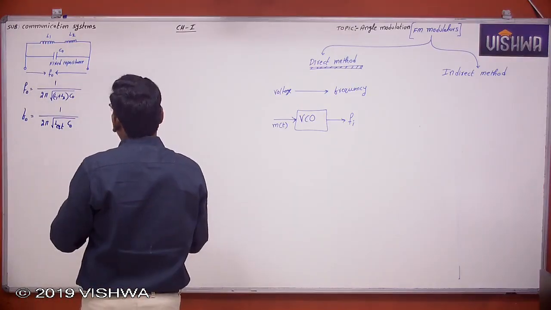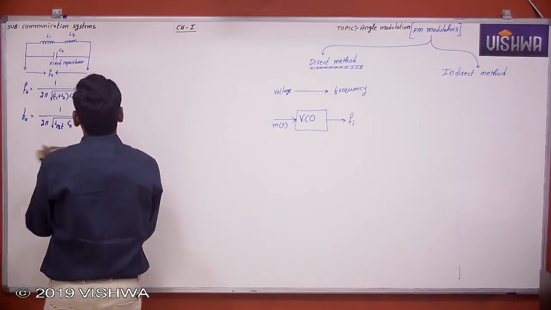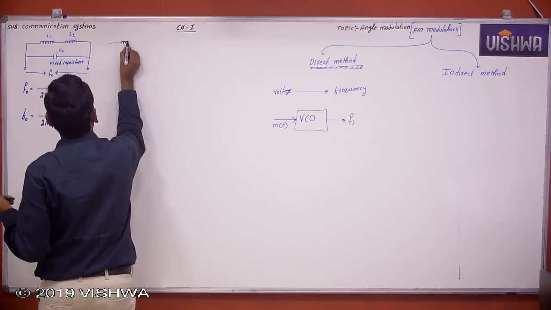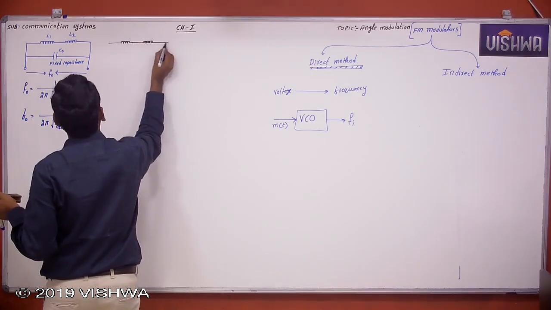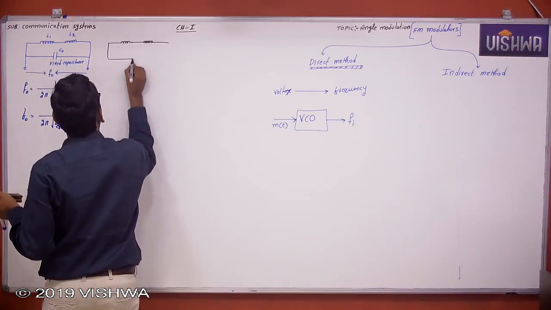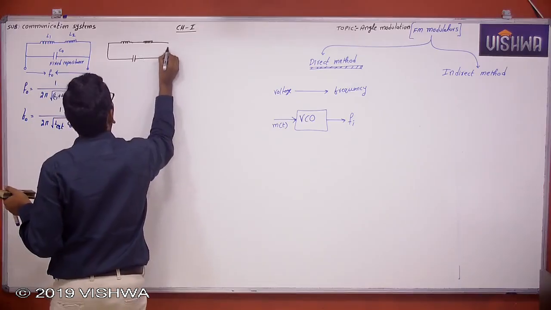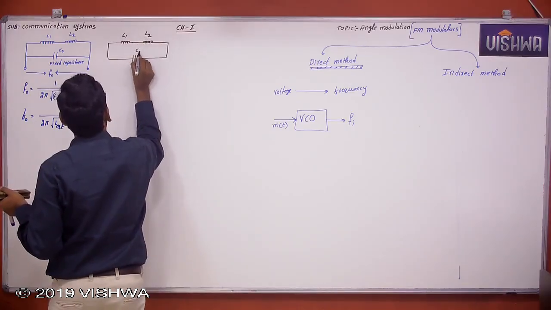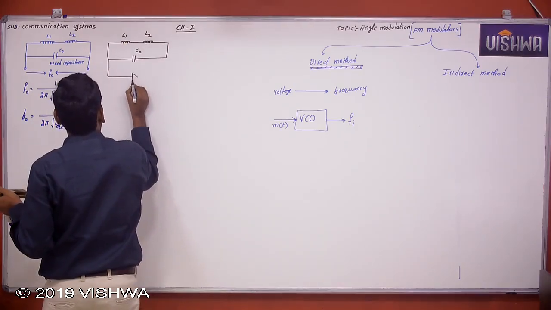Now this oscillator has a slight change here. L1, L2, C0 and a Hartley oscillator with a varactor diode.